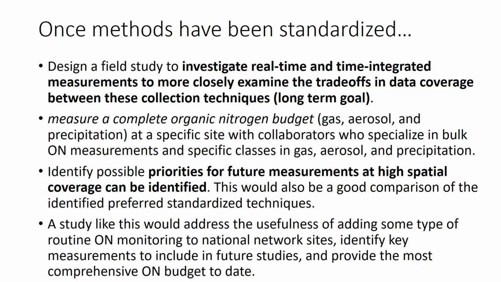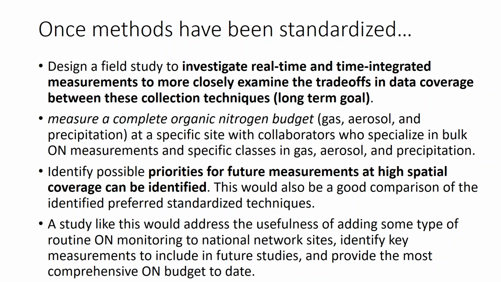And once we have some standardized methods for speciation and sample collection, all the things I've talked about, of course, we're going to make a field study and look at real-time and time-integrated measurements to closely examine what really do we need and what could be implemented long-term.